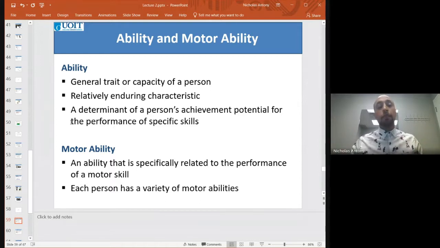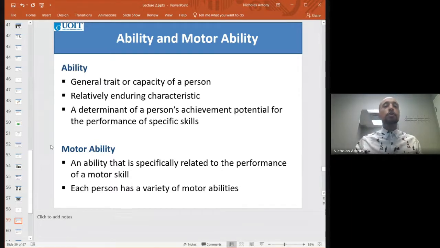So when looking at the term motor ability, we're looking at someone's potential at achieving a goal in a motor skill. If someone has a high motor ability, they're going to be good at learning motor skills versus someone that has a low motor ability. They're going to take a lot longer to learn motor skills, right?